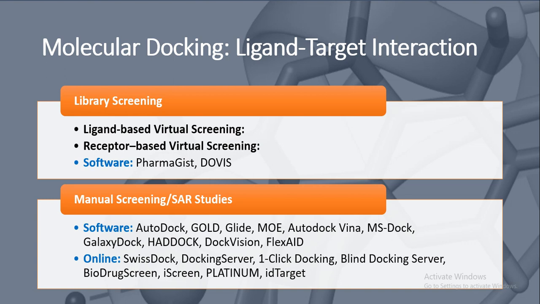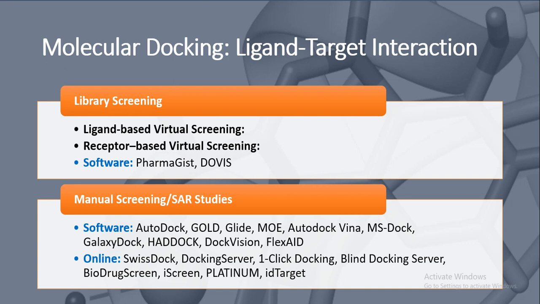So we can screen a library of our compounds, which may be ligand based virtual screening, on the basis of which we will check our ligands, which one will interact best and have low energy, Gibbs free energy values.